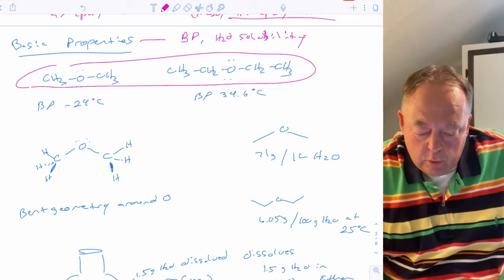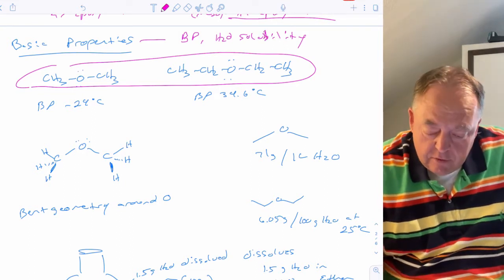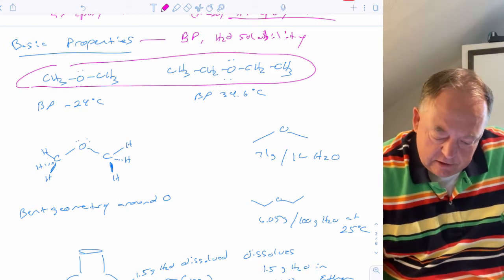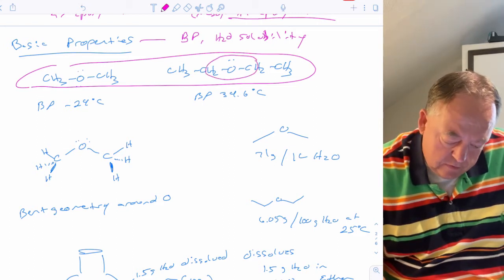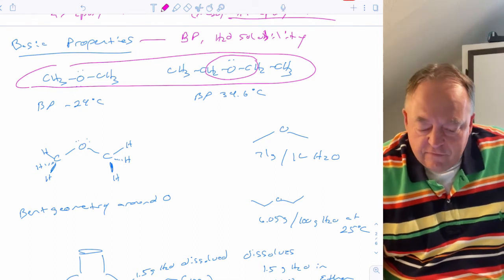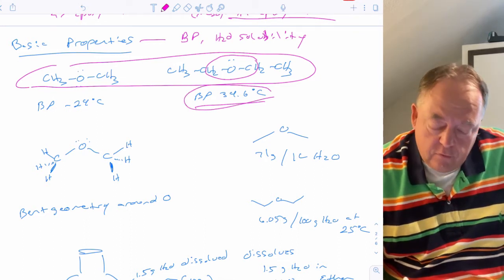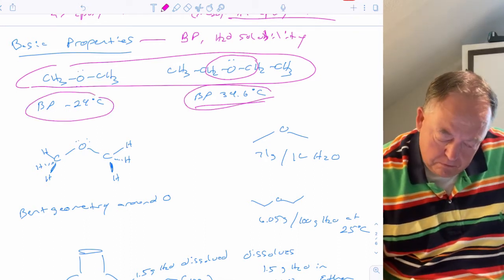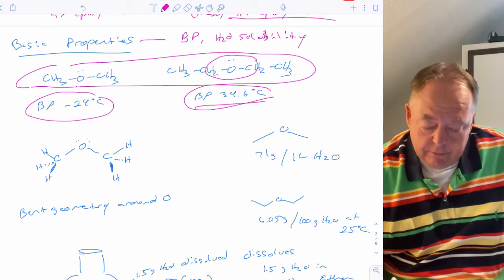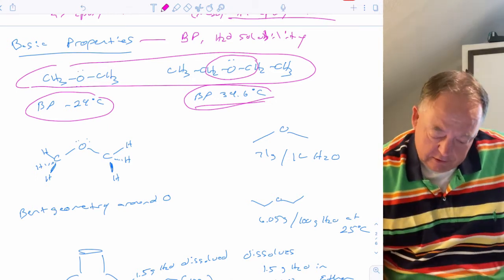In terms of boiling point, since they have the same polar group, you can resort to surface area. The one with more surface area has the higher boiling point. So diethyl ether has a boiling point of 34.6, whereas dimethyl ether is a gas at room temperature, boiling point of negative 24 degrees Celsius.